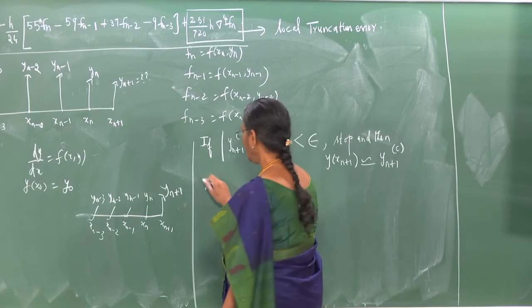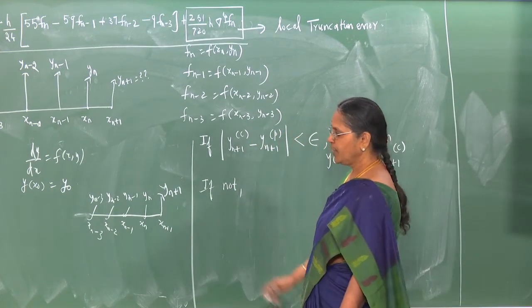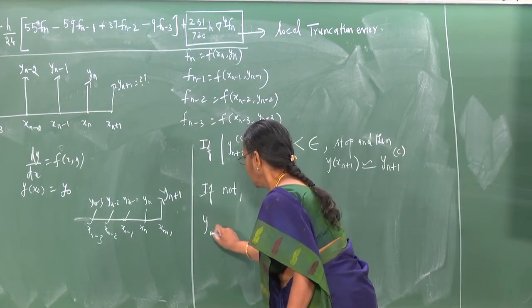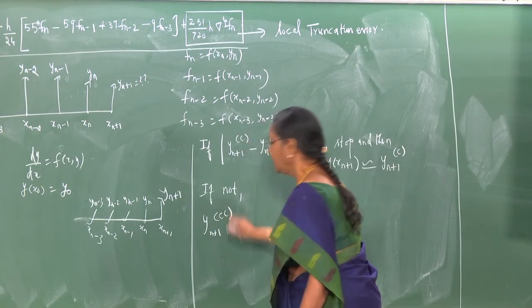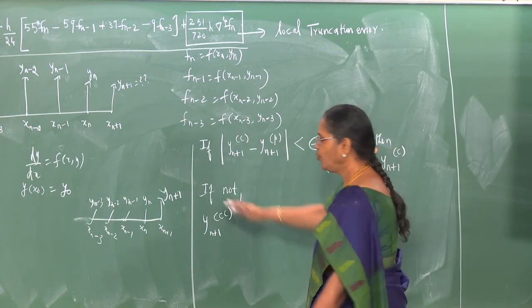If suppose this does not happen, then what do we do? You use the corrector once again and get the second corrected value. How do you use it?